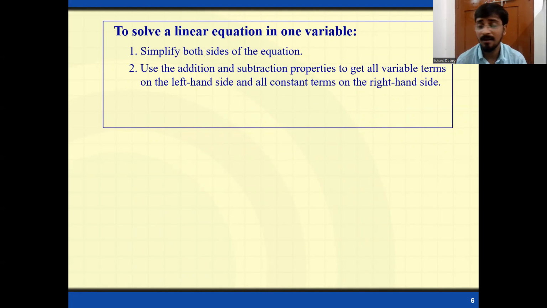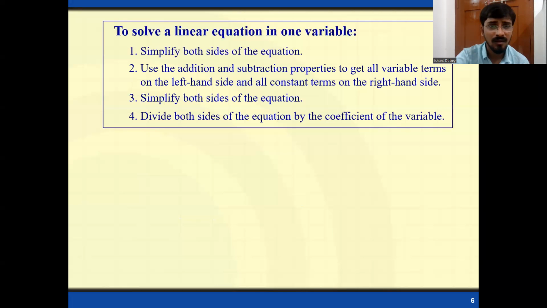Constant terms are those whose values will not change, while x is a variable whose value can change. So keep constants on the right hand side and the variable on the left hand side.